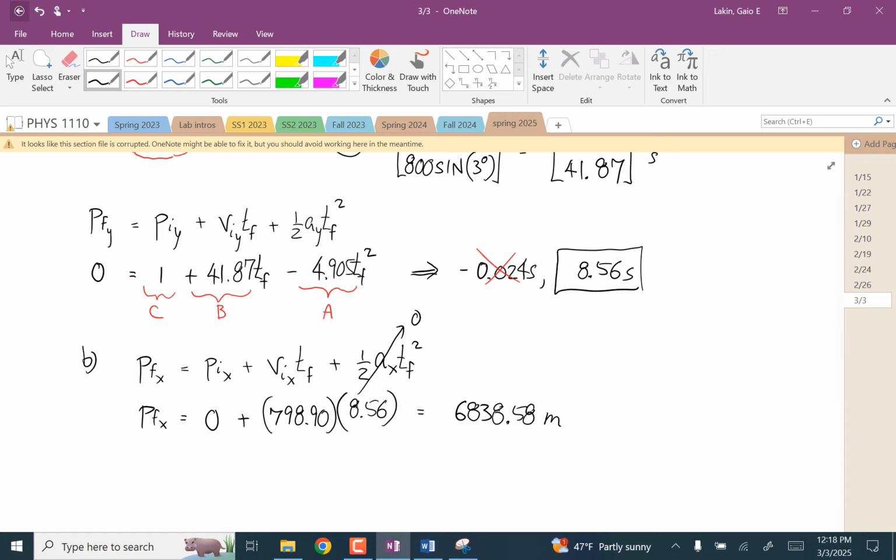No, a little over 3 miles, 4 miles, something like that. A long way away.